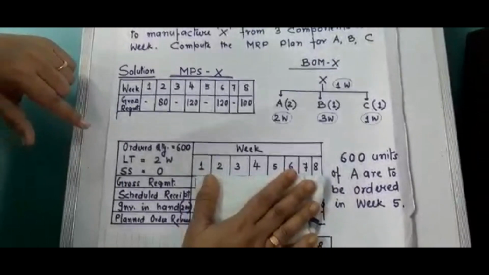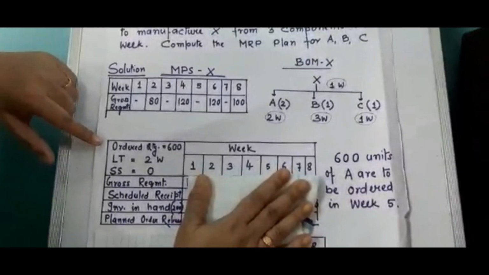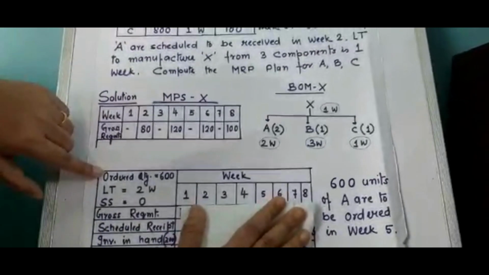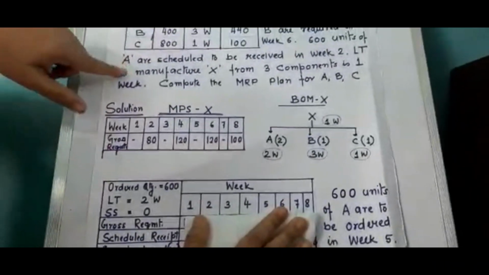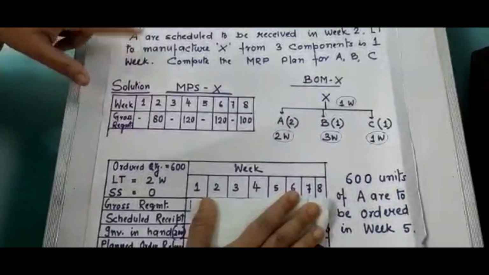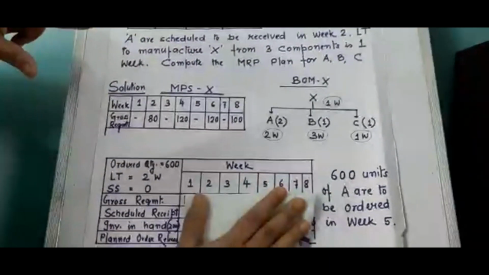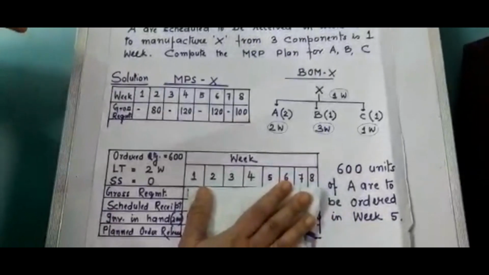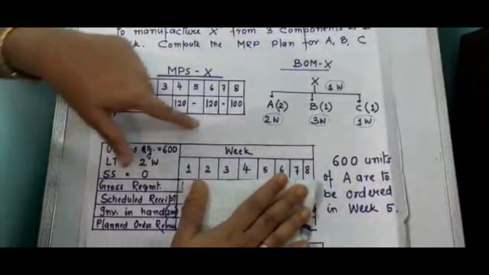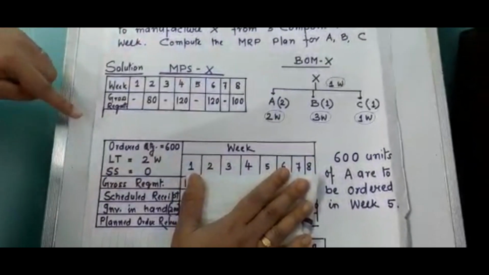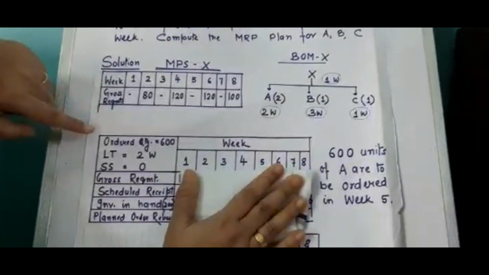The format of the MRP plan for any component looks like this. Suppose I am manufacturing, so how many components are we having in this particular case? We have got 3 components A, B, C. So since there are 3 components, we will have 3 MRP plans. Now I have tried to make the MRP plan for the component A, right? So just see what is the format.